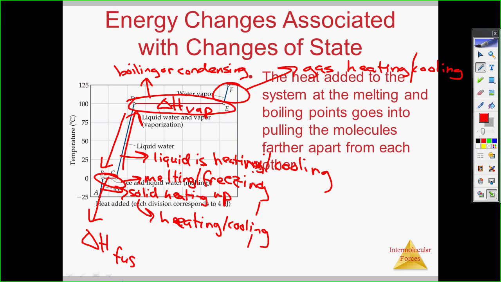At those points, that's where we're going to be using the delta H of fusion value and the delta H of vaporization value. Guess what you use on the other parts of the graph? Q equals mc delta T. Very good. Pat yourself on the back.